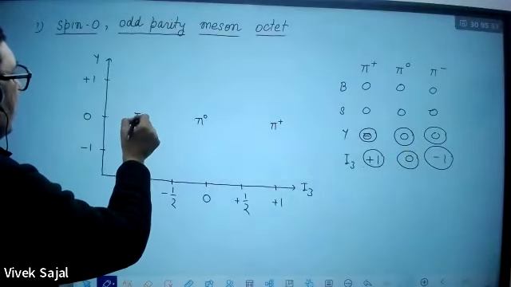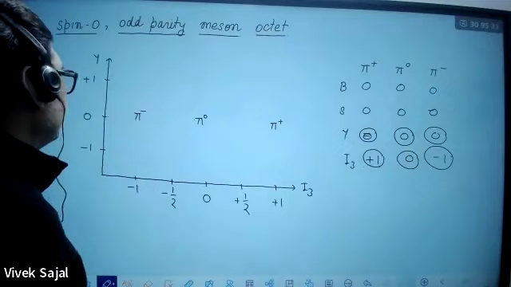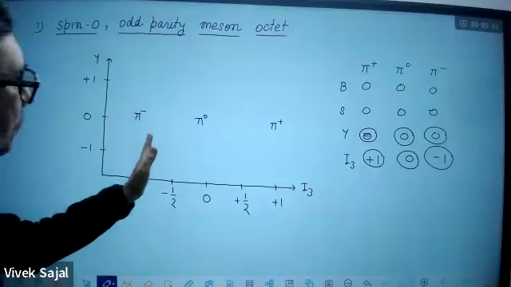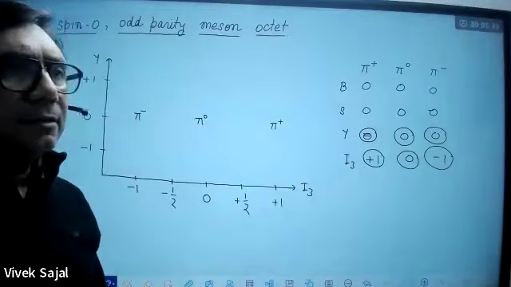So three mesons we have placed on this chart.